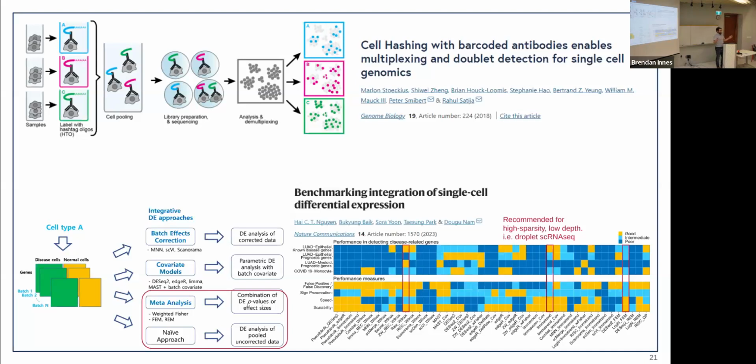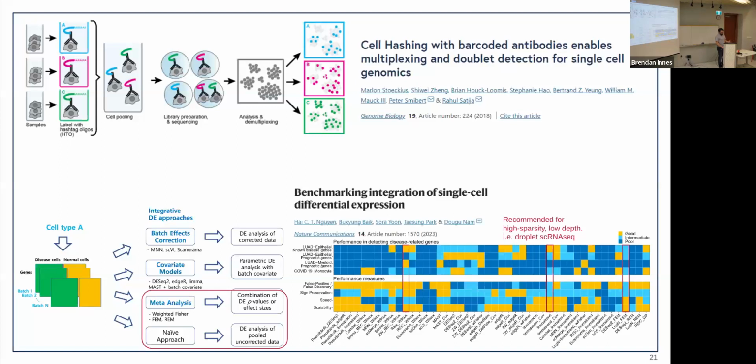So that's great. It eliminates your batch effect problem. You can track samples. It's absolutely fantastic, but not everyone does it because it's hard. Like it adds a lot of complication to your library prep situation. So if you have that option, awesome, but not everyone does.